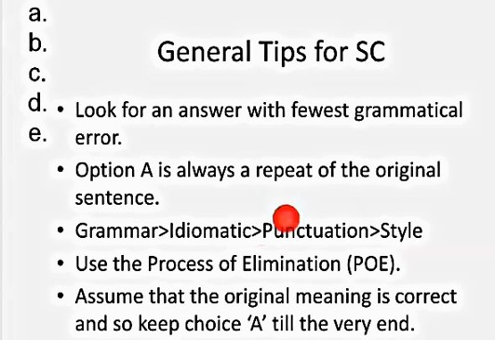And an idiomatically correct answer choice will get preference over a sentence which is correct due to punctuation, and a grammatically correct answer choice will get preference over an idiomatically correct answer choice. So this is the sequence. You just need to know it. If you don't even want to remember it, that is also fine, but over time when you practice questions, you will just get it by heart.